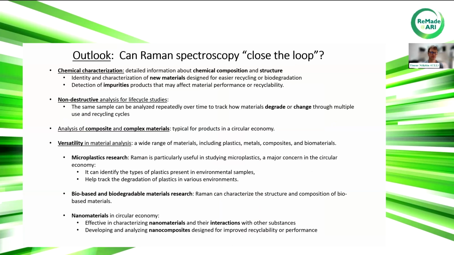I would say that definitely yes, because first of all, Raman spectroscopy gives us detailed information about chemical composition and structure, which could be used to identify or characterize new materials designed for easy recycling or biodegradation. Raman spectroscopy with its mapping capabilities can, for example, detect impurities in the sample that can affect the performance of our material.